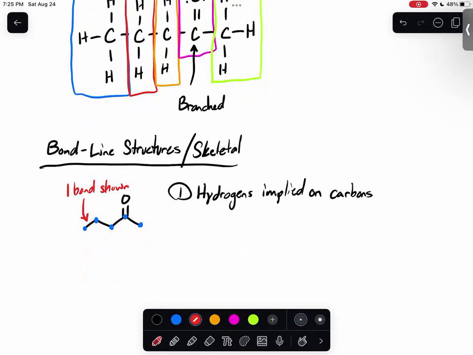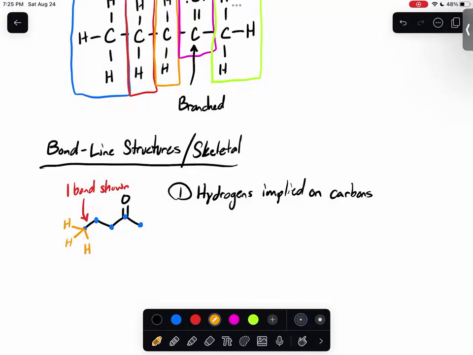What that tells us is that on that carbon on the very end, even though there's only 1 bond shown, there are 3 that are implied. And those 3 are all going to be to hydrogens. So that's what we mean when we say hydrogens are implied on these carbons. Essentially, however many bonds you don't see to the carbon, that's how many hydrogens are going to be there.